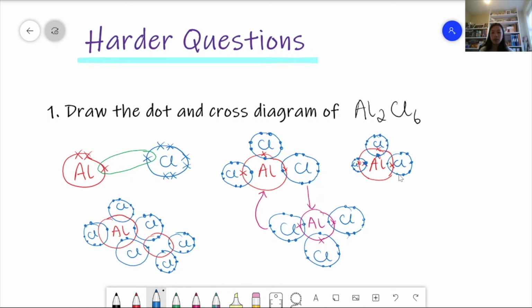And then this will again have 4. And then we have the aluminium with the 3. So that's our dot and cross diagram for Al2Cl6. It's probably quite a nice one to remember, just so you remember how dative bonding works, or coordinate bonding works, because it can be a lot to get your head around.